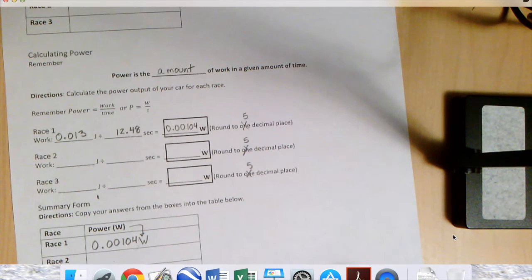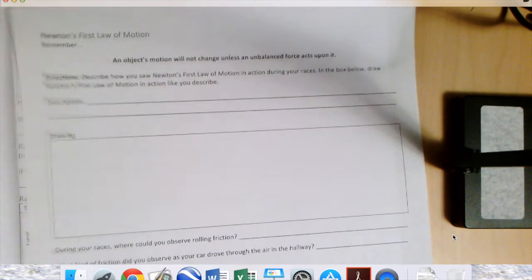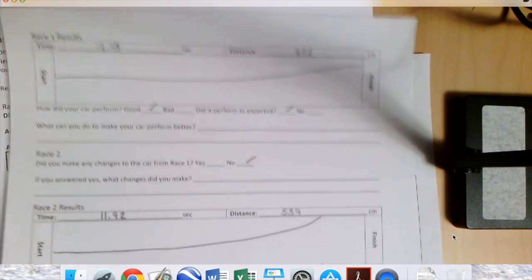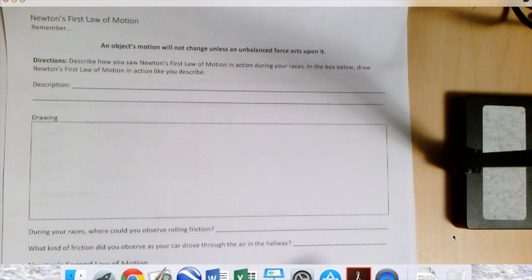So we've gone through this. You've taken your data, and from this race data we've been able to determine speed and acceleration. We saw Newton's law of motion and friction.